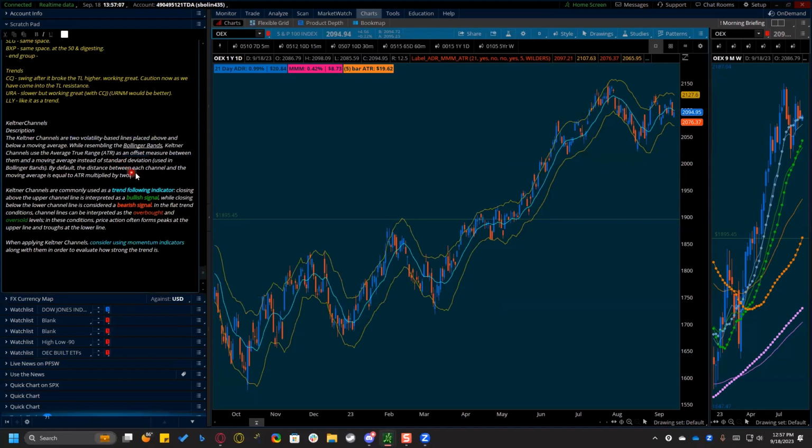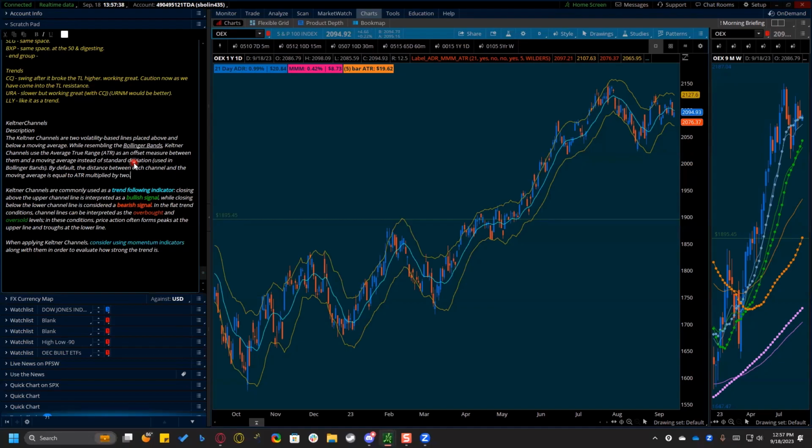But they do talk about how an analyst would read the Keltner channels on their chart. They're commonly used as a trend following indicator. Closing above the upper channel line is interpreted as a bullish signal. Now they use the word signal there, but they mean bullish trend. While closing below the lower channel is considered a bearish signal or a bearish trend.